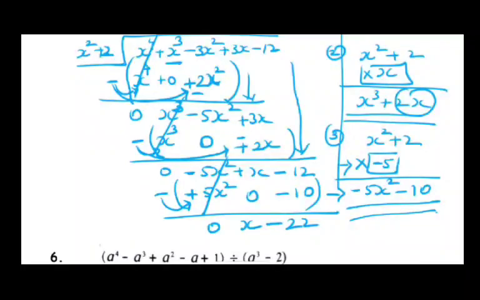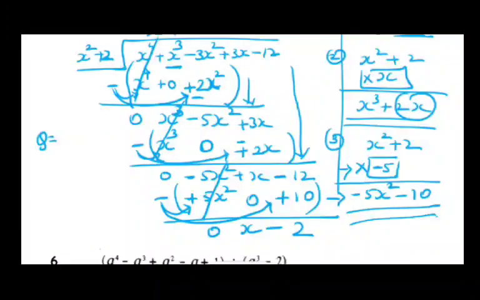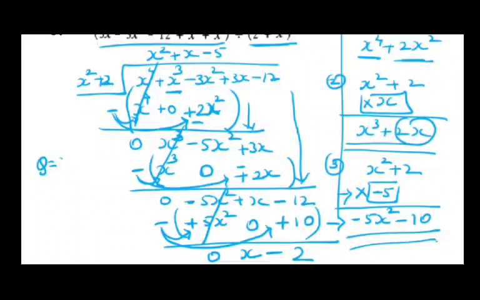No, it is not a minus 22 simply because minus has not been applied out here. So what happened? It becomes a minus 2 over here. So what's my quotient now? My quotient here is x square plus x minus 5. What's my remainder? X minus 2.